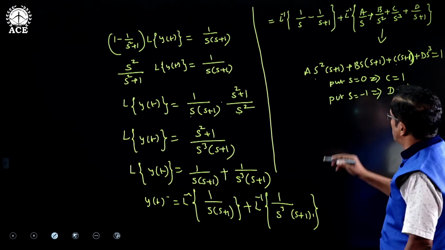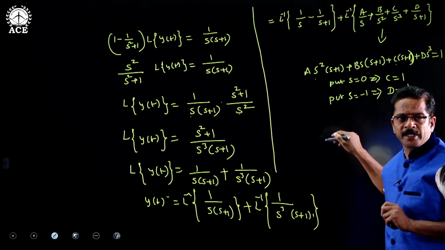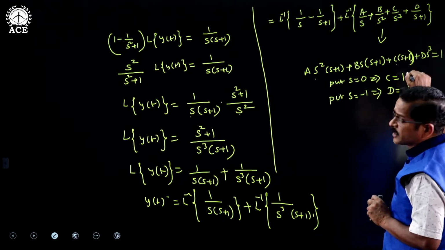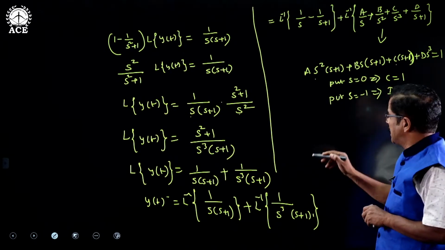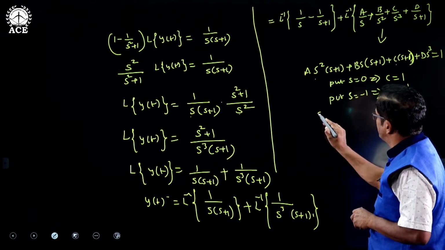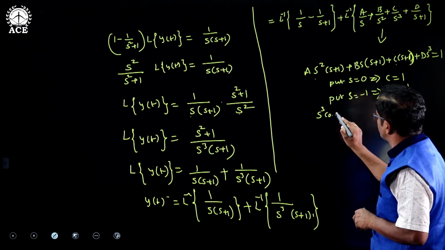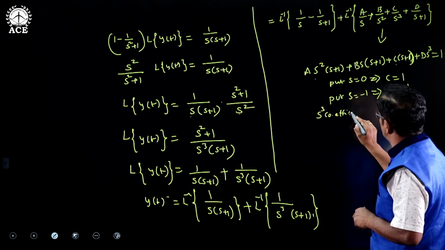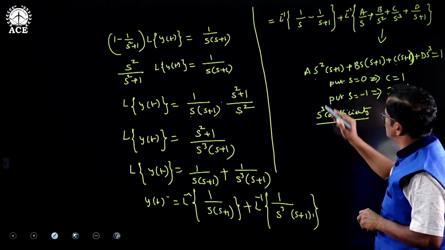Okay. Now I will take the s cube coefficient. By putting s is equal to 0 and s is equal to minus 1, I evaluated c and d. But I have to evaluate a and b now. For that I am taking another method, taking s cube coefficients on both sides. What is the s cube coefficient here?